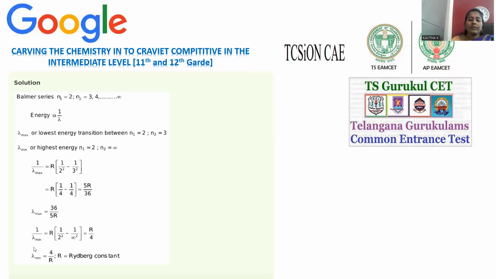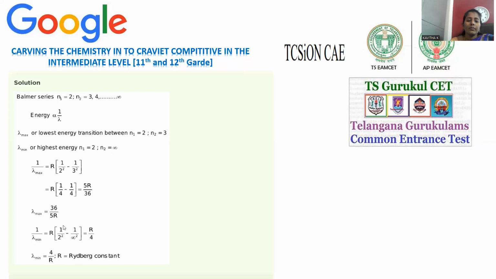Go with the lambda minimum. 1 by lambda minimum is equal to R (1 by starting level). For the entire Balmer series, the starting level will be 2 only. So 1 by 2 square minus the highest level, which is infinity, because highest energy is required if you are jumping to the infinity level. So 1 by infinity square, which can always be taken as 0.